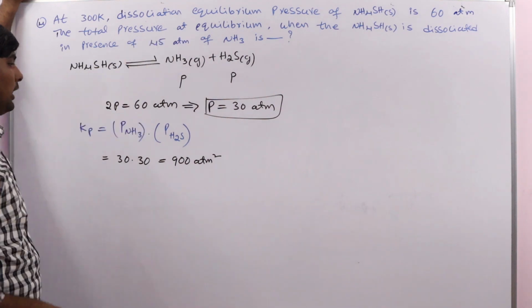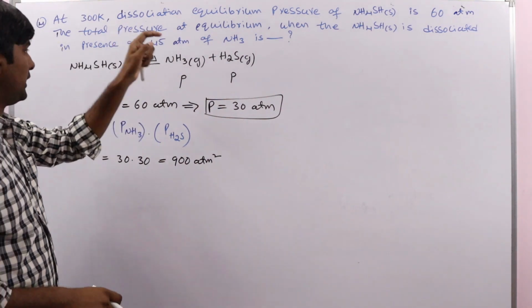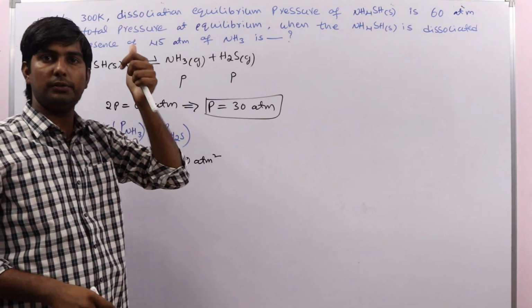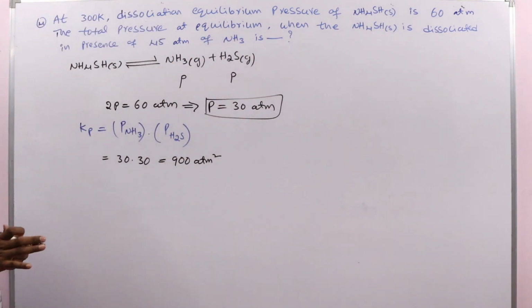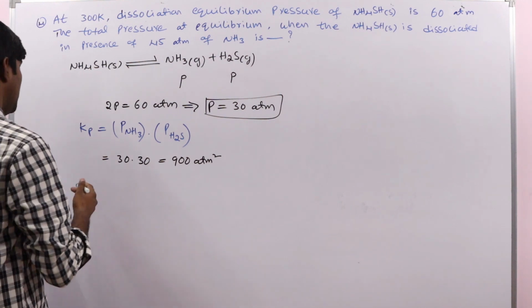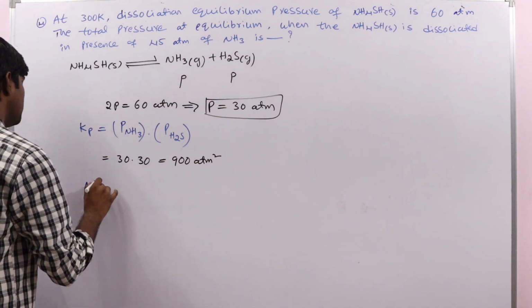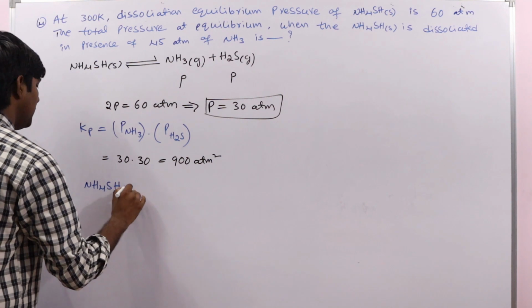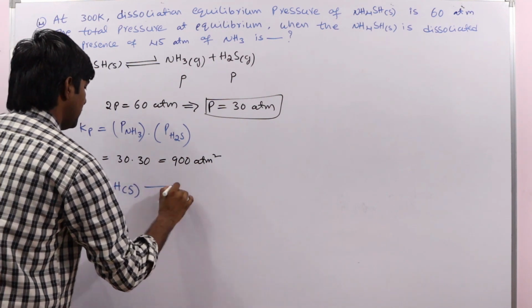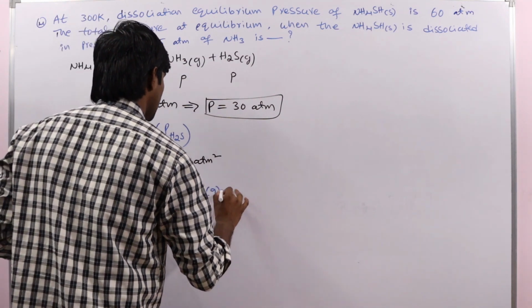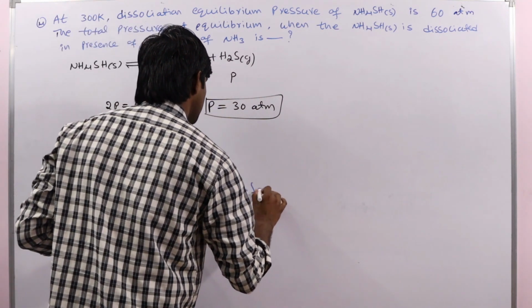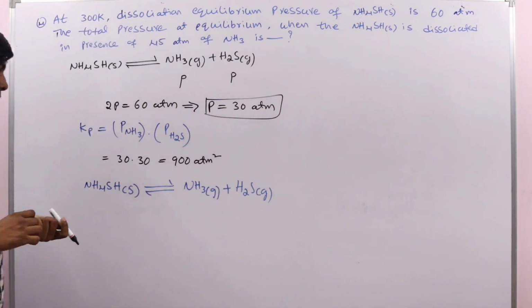Now they ask you to calculate the total pressure when the same NH4SH is dissociated in the presence of 45 atmosphere of NH3. For that again we take the same dissociation: NH4SH dissociates to form NH3 gas plus H2S gas.